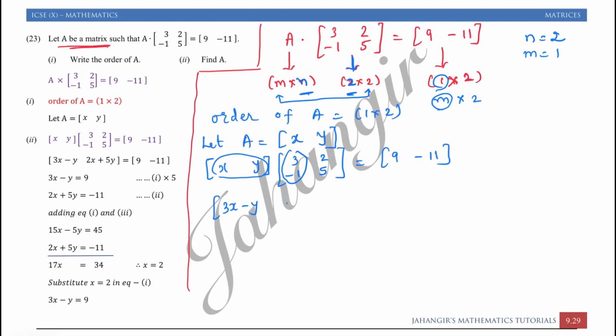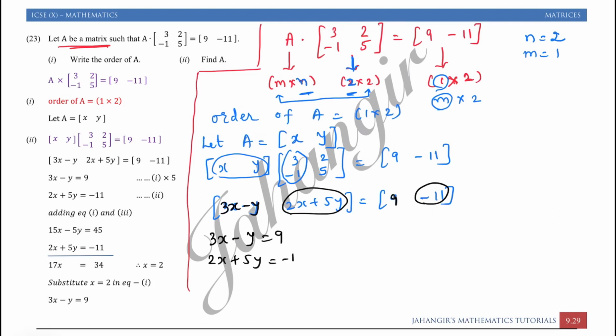First row, second column, 2x plus 5y, is equal to 9 minus 11. So 3x minus y is equal to 9. I can equate because it's a comparable matrix. Then this is equal to minus 11: 2x plus 5y is equal to minus 11.